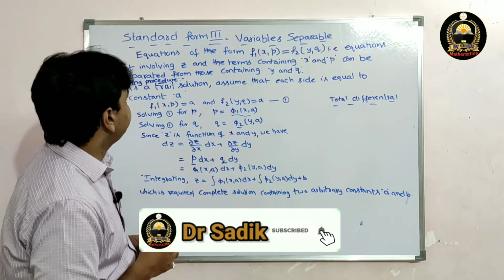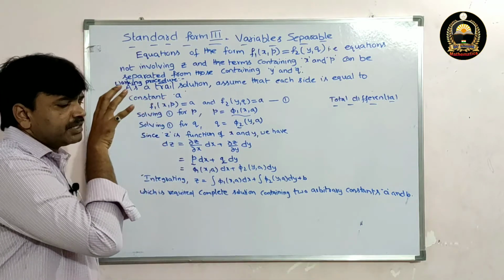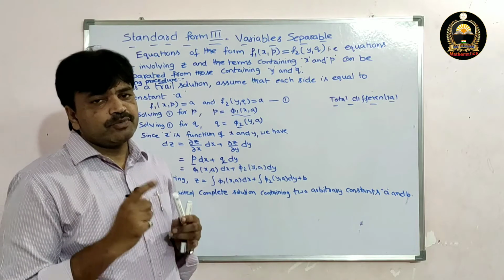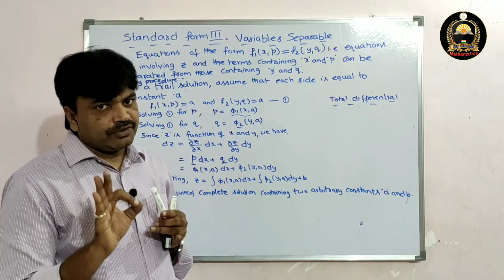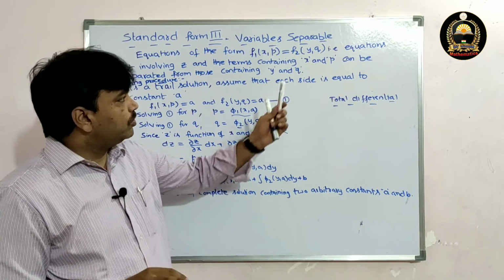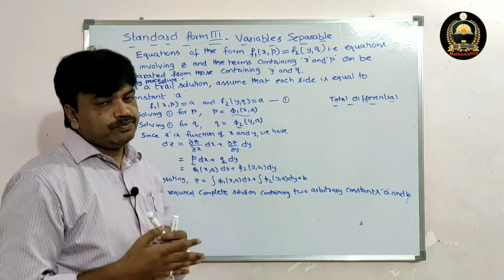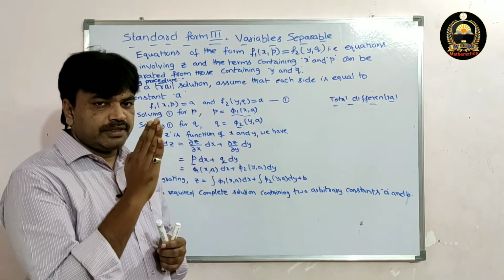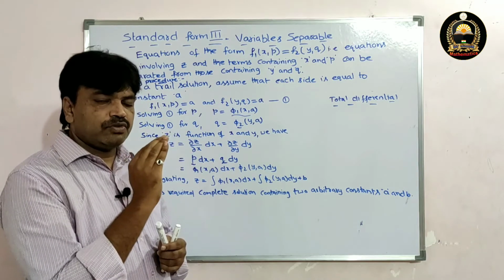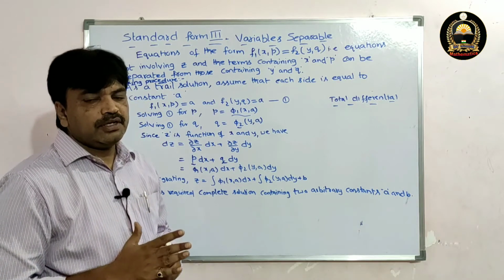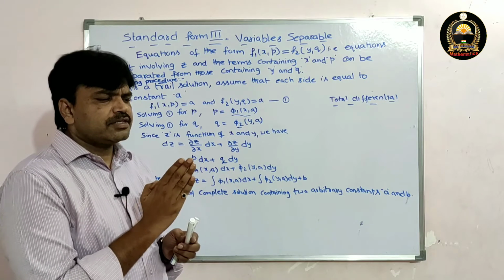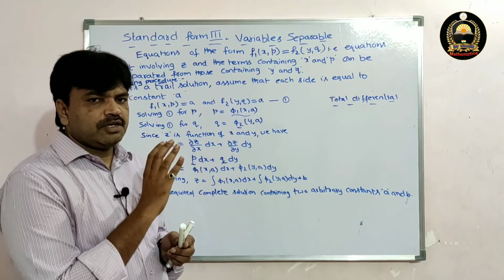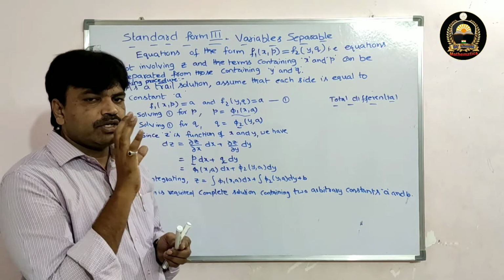Once again, what is the equation form? That is important, students. f1 of x comma p is equal to f2 of y comma q. That means x comma p is one side and y comma q is the other side. The left hand side is the x comma p terms and the right hand side is the y comma q terms.